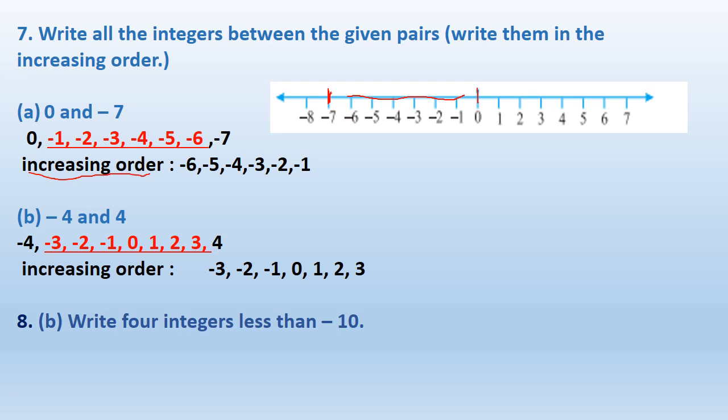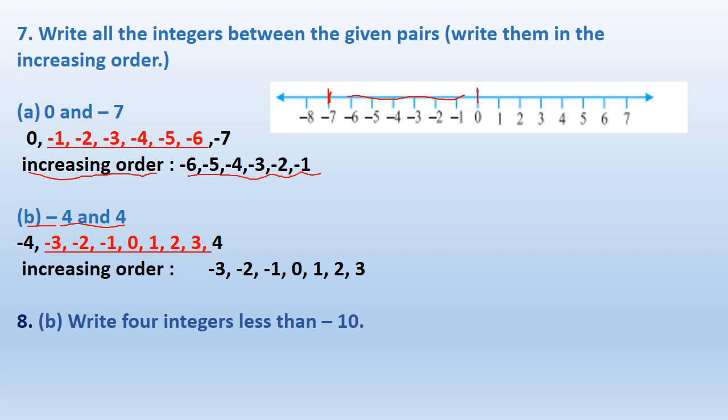Increasing order means smaller to bigger. So minus 6, as this is the bigger number but it has a negative sign, is the smallest number among these. Then minus 5, minus 4, minus 3, minus 2 and minus 1. Clear children? Now see the next question, question number B. Minus 4 and plus 4.